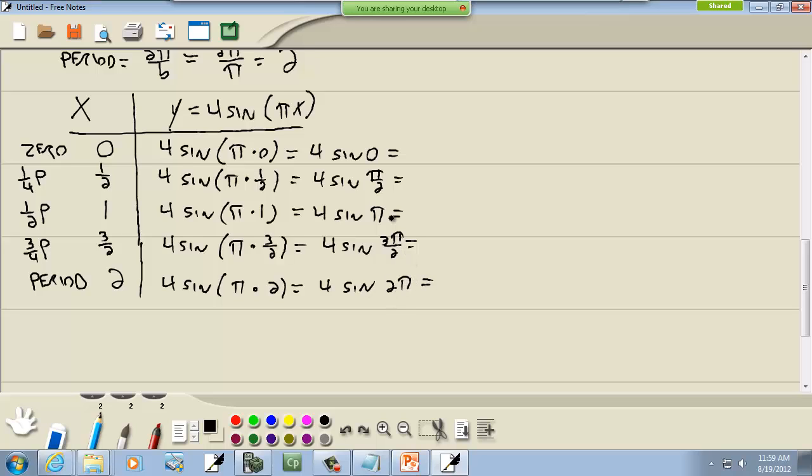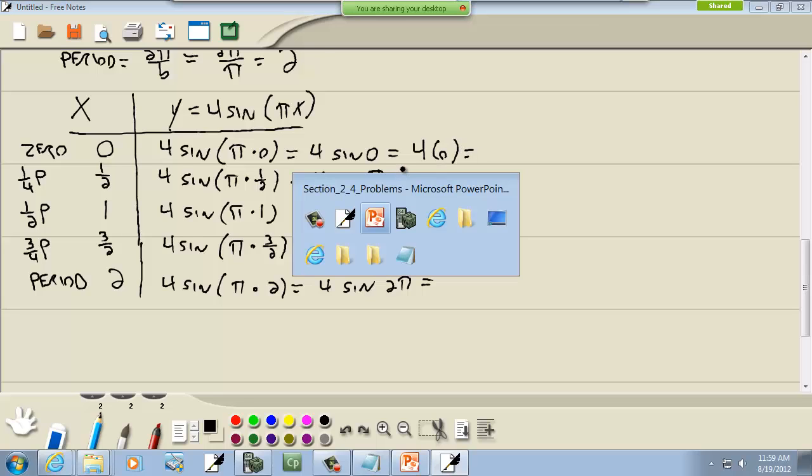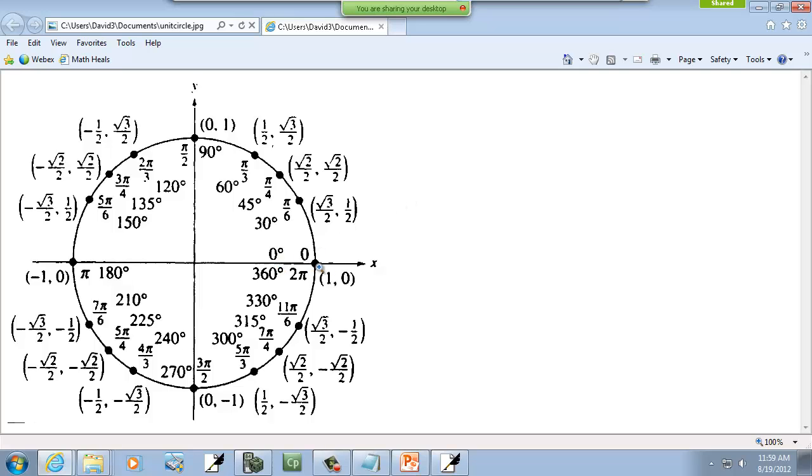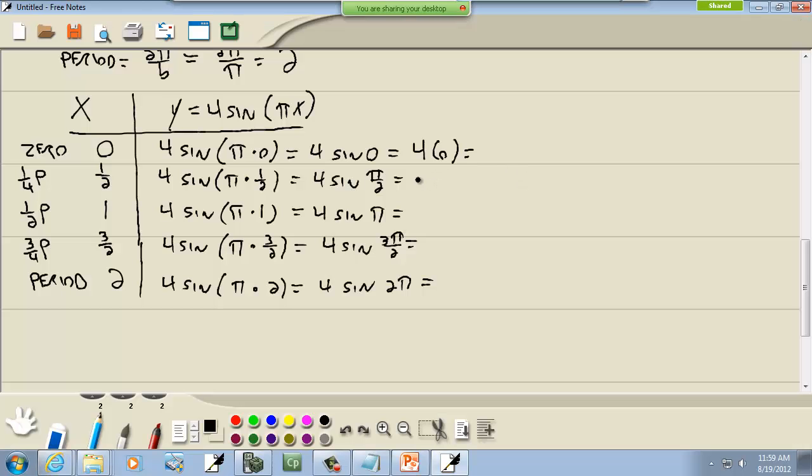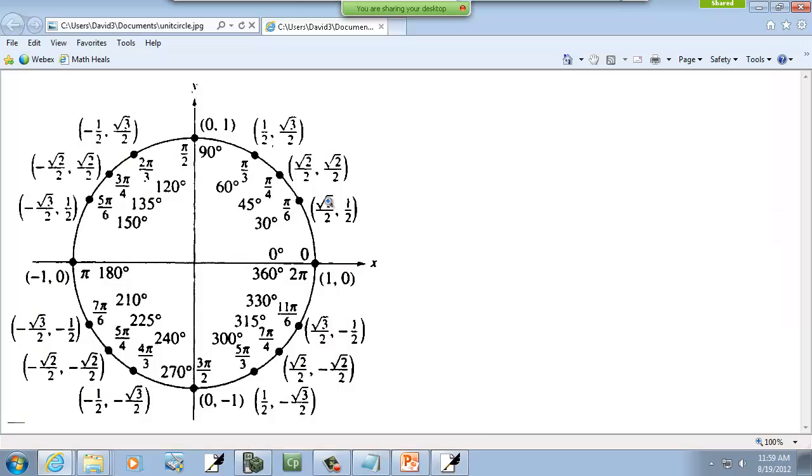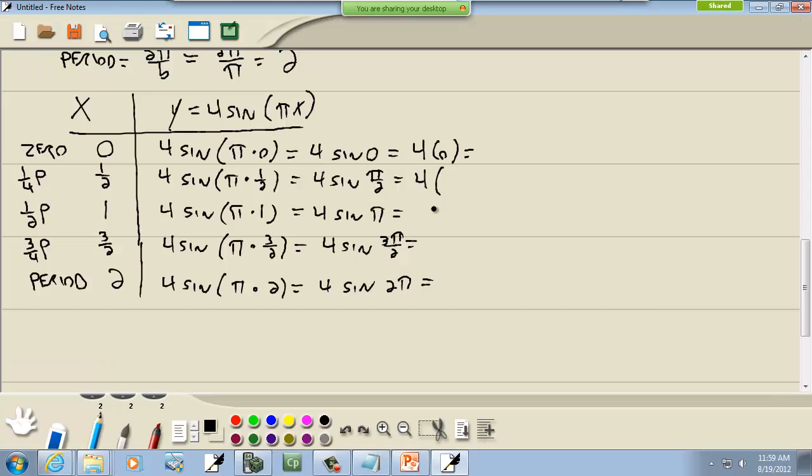You've seen a pattern, aren't you? See how these are going back to our basics again? 0, pi over 2, pi, 3 pi over 2, and 2 pi. Well, sine of 0 is 0. If I were going to look at my unit circle, here's 0, sine is our y. If I look at pi over 2, sine is 1.